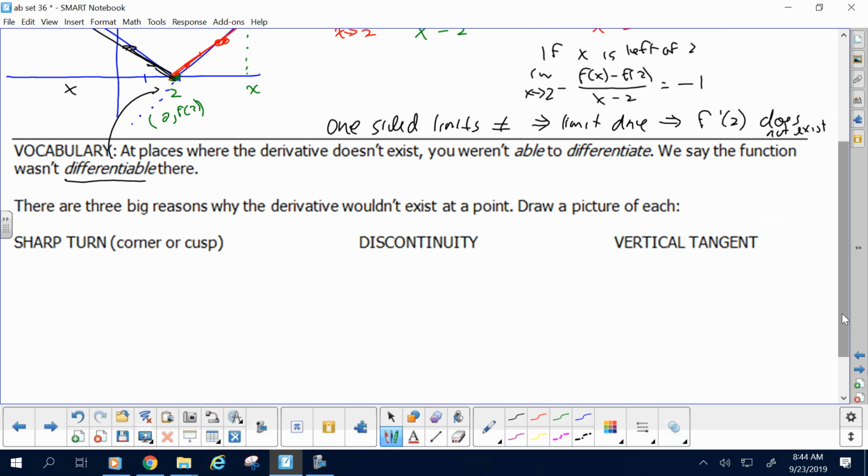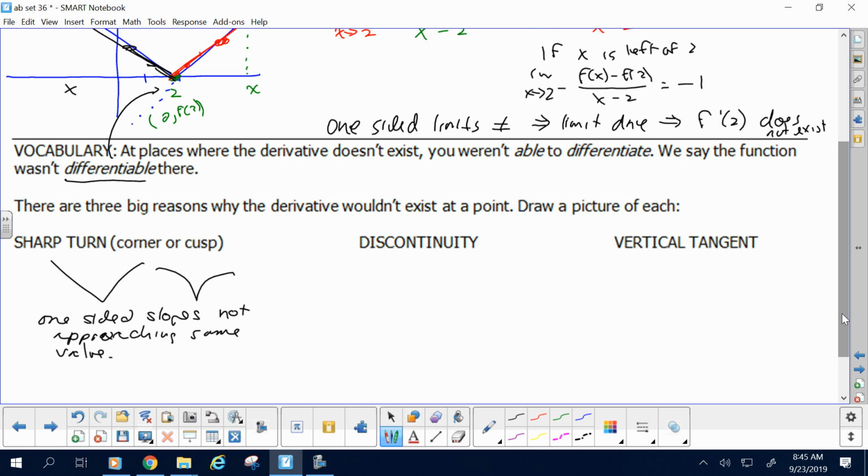There are 3 big reasons you need to commit to memory why a derivative doesn't exist. One is like we just had. Anytime you have a sharp turn like this, the one-sided slopes are not approaching the same value.